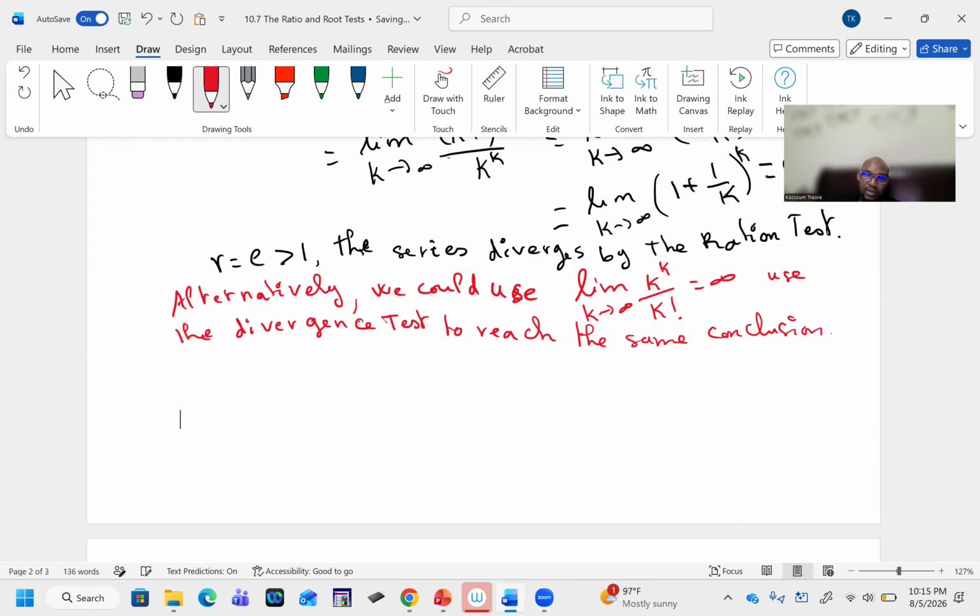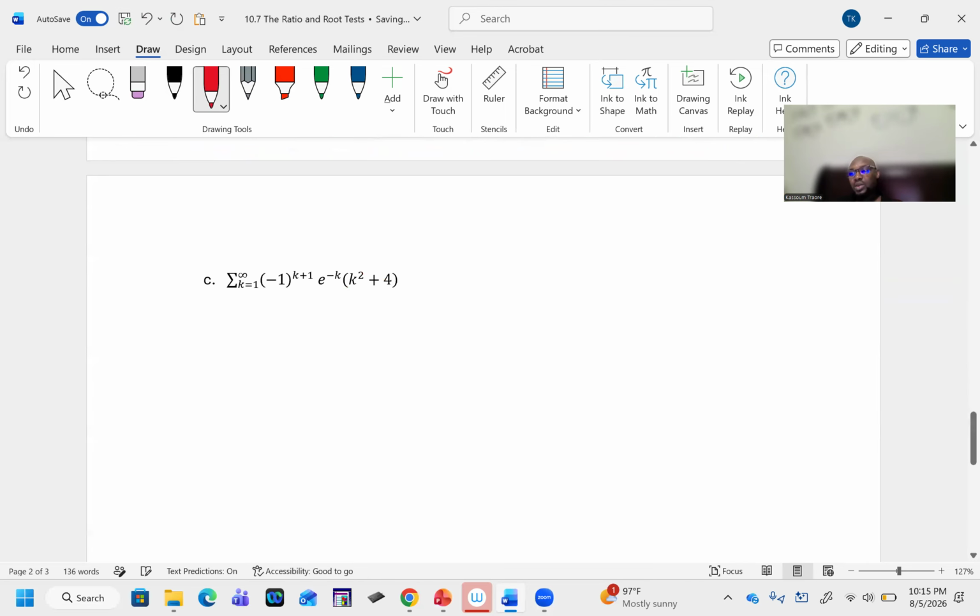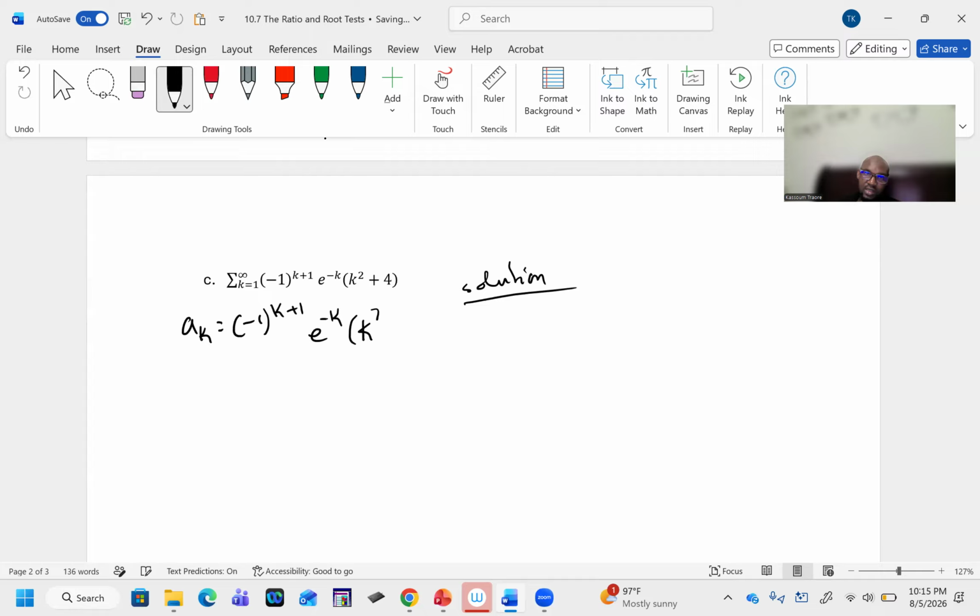Okay. C, we are asked to check if this series converges again. So same thing, write your a sub k, which is negative 1 to the power of k plus 1 times e to the power of negative k, k squared plus 4, right?